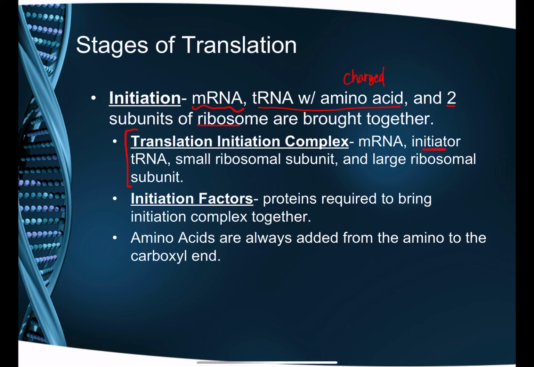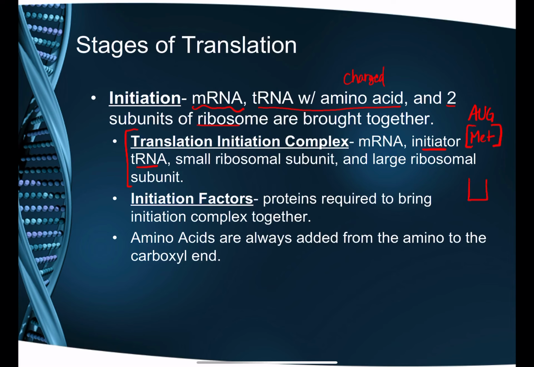Here it says the initiator tRNA. Basically, all of that means is the tRNA that carries the anticodon that's complementary to methionine. Remember, methionine is our start codon on the mRNA. Methionine is AUG in the mRNA.